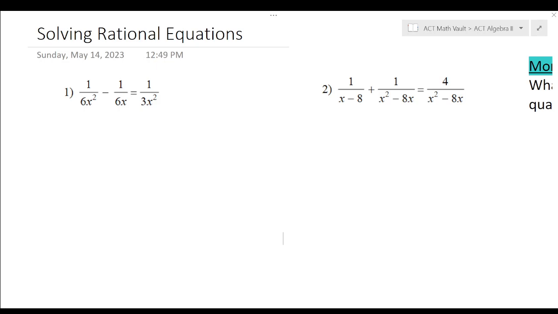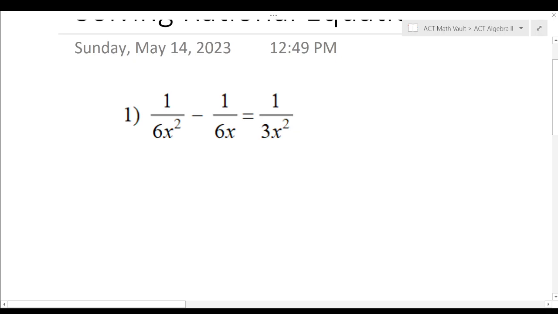But I think it's worth showing you a quick tip for problems like this. Is there a way to somehow get rid of the fractions altogether? Well, you can think about what is the least common multiple of all of those three denominators.